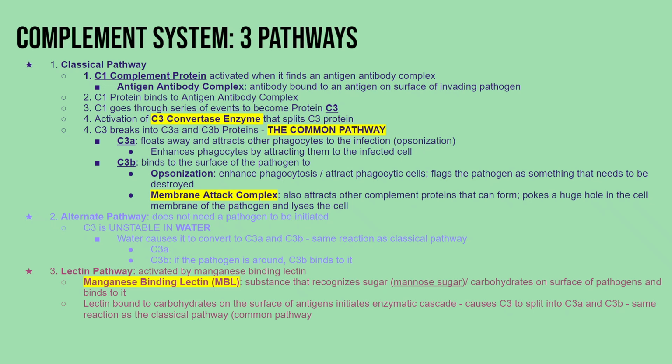And then C3 is going to break into C3a and C3b, and then C3b will form the membrane attack complex. And the membrane attack complex is what's going to poke a big hole in the cell and then lyse the cell, so everything comes out.